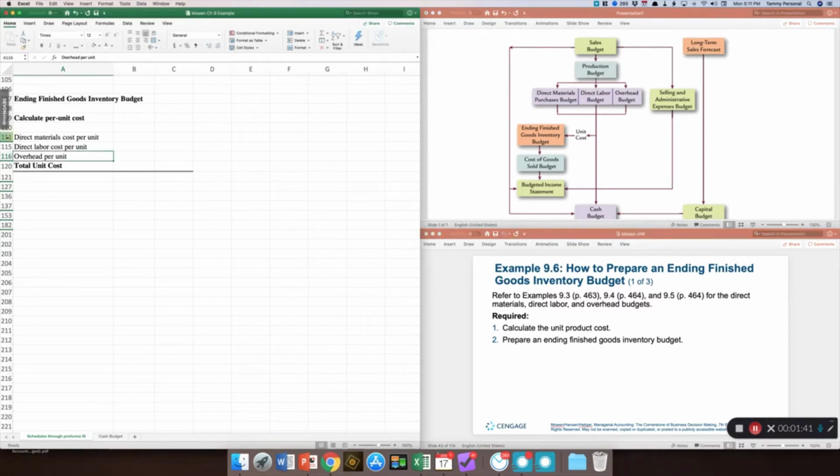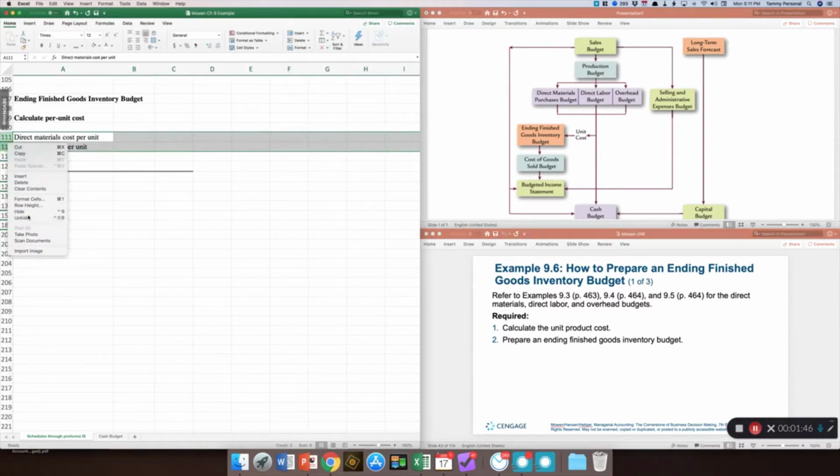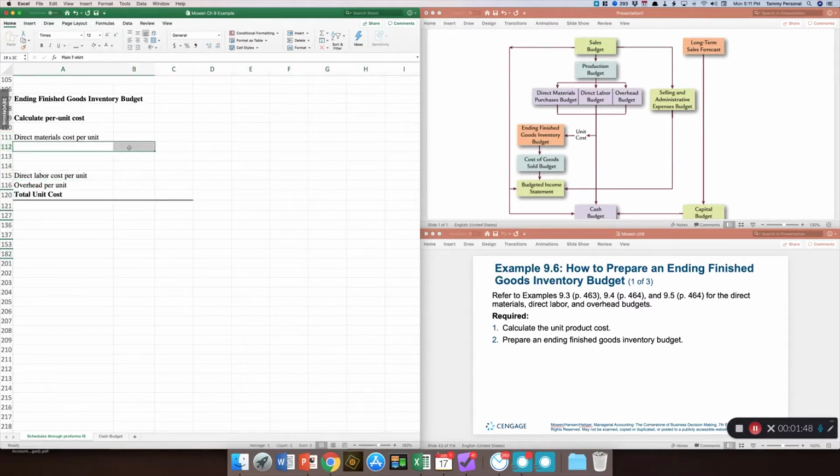Okay, our direct materials. So remember, we're using plain t-shirts and ink to generate screen printed t-shirts, right? And our plain t-shirts were $3 a piece, and our ink, we used 5 ounces at 20 cents per ounce, so that's $1.